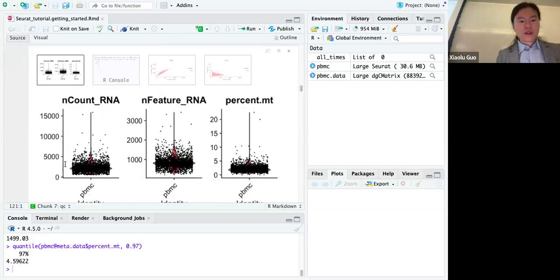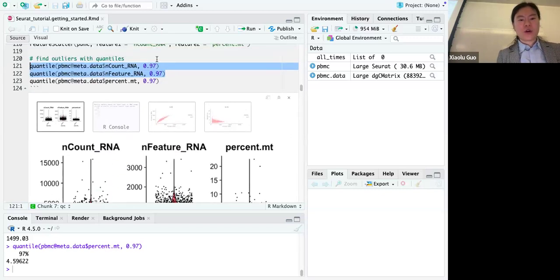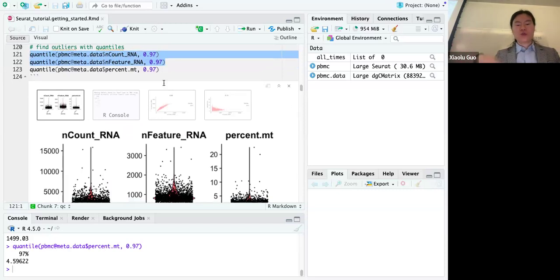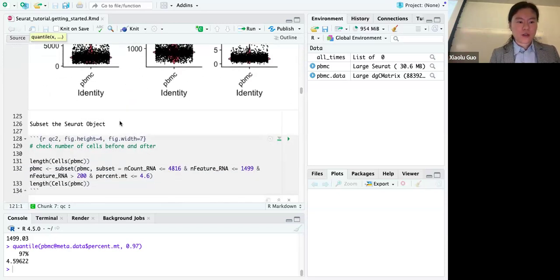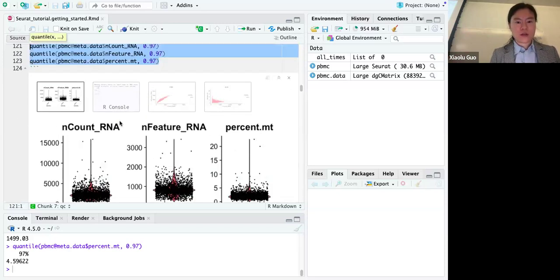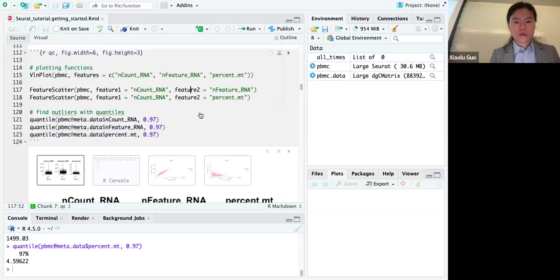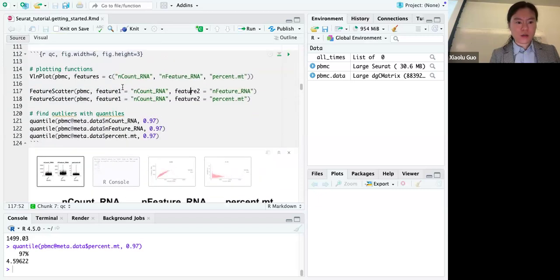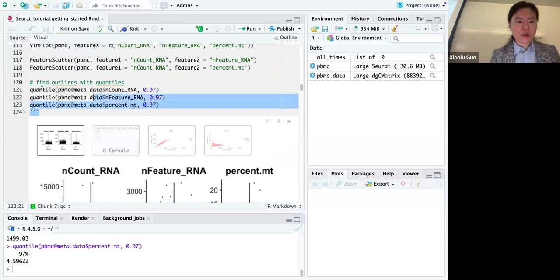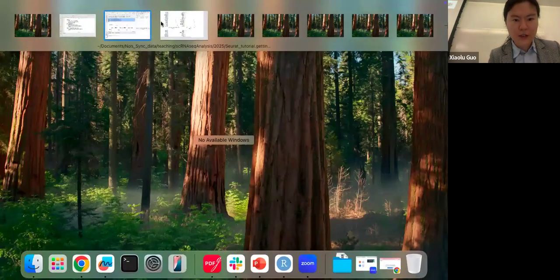Those cells which are higher than this quantile, we consider them outliers, with too much expression, and we want to exclude those cells. So if you run this one, you can see the result.